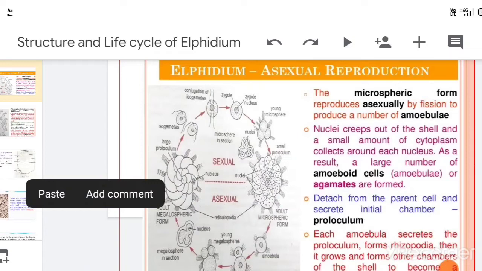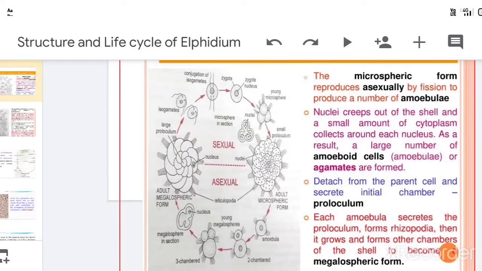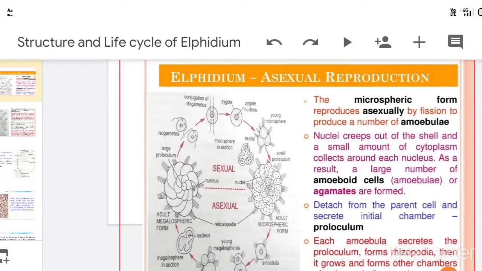These cells detach from the parent cell and secrete the initial chamber called the proloculum. Each amoebula secretes the proloculum, forms the rhizopodia, then it grows and forms other chambers of the shell to become a megalospheric form. So what did you get from this? The microspheric form reproduces asexually by fission to form the amoebulae, or amoeboid cells.